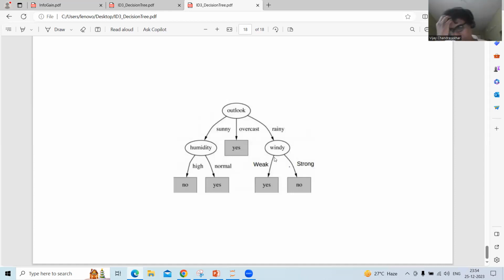Now, question. So when I traverse this tree, Outlook is equal to rainy, windy is equal to strong, then no, which means I don't play tennis. Correct? Correct. I see two conditions here: Outlook is equal to rainy, windy is equal to strong.